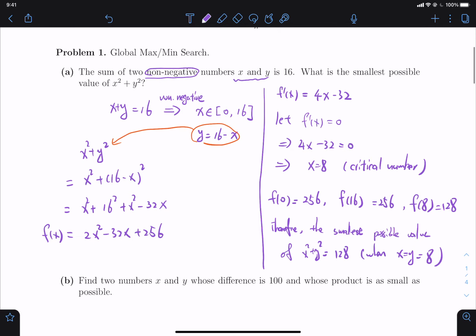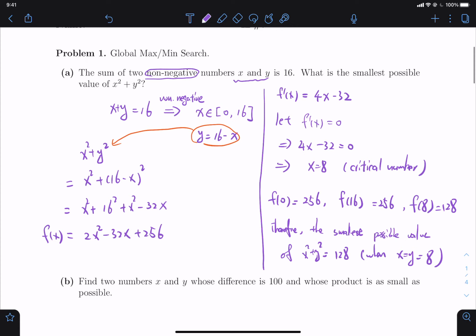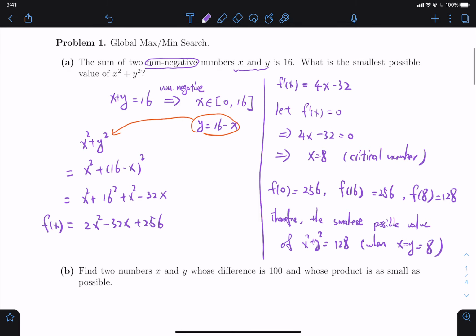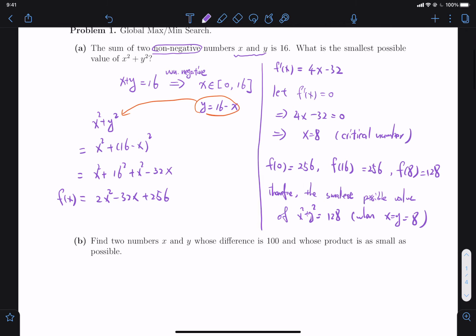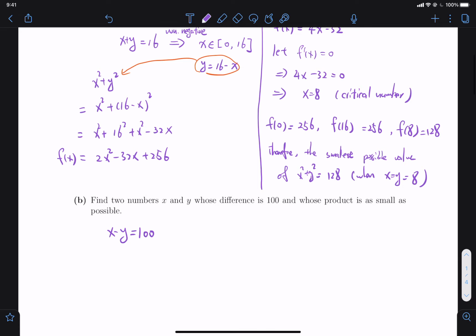Question B: find two numbers x and y whose difference is 100 and whose product is as small as possible. So the condition we have is that x minus y is equal to 100. From here we can express x in terms of y: x is equal to y plus 100.